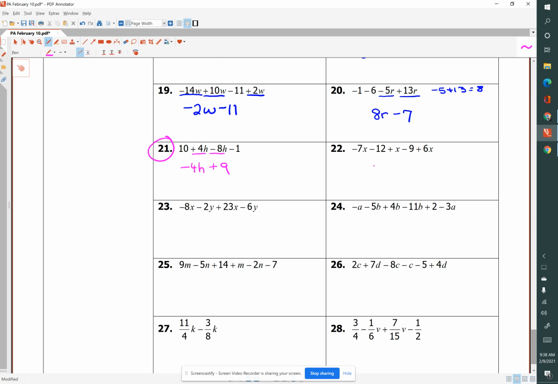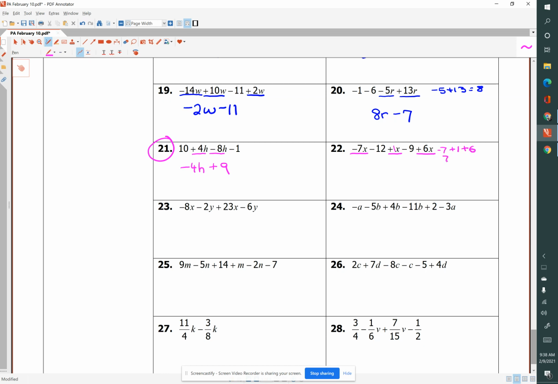Number 22, I have negative 7x minus 12 minus x, and there's an invisible 1 here, plus 6x. And so we have negative 7 minus 1 plus 6.